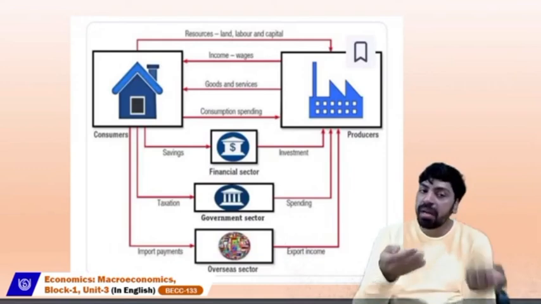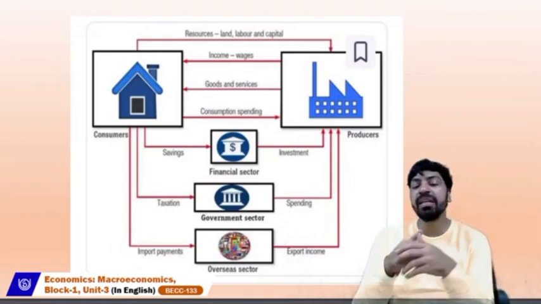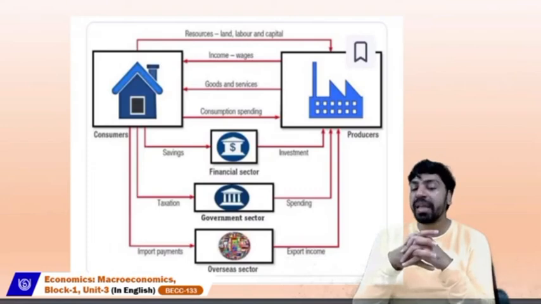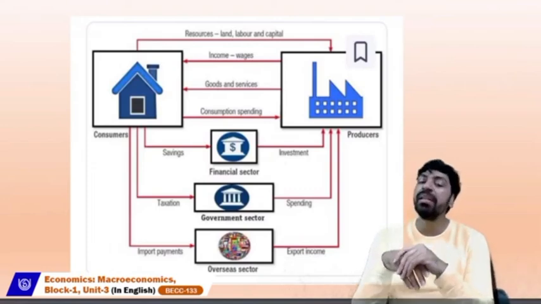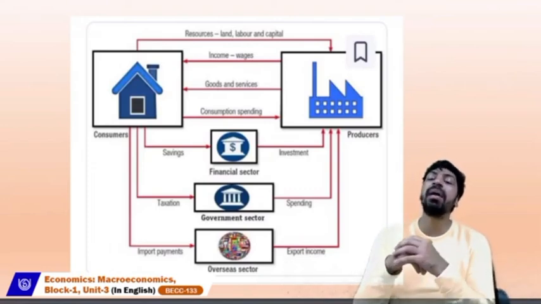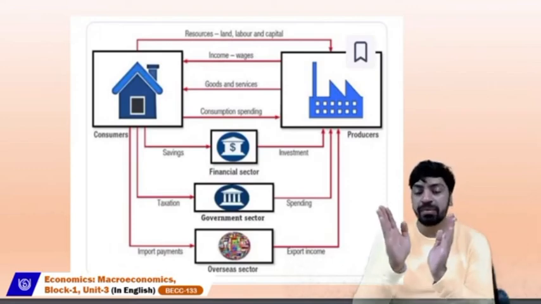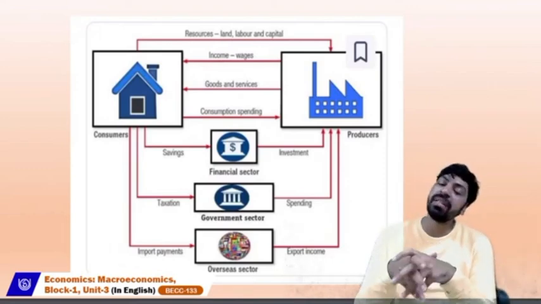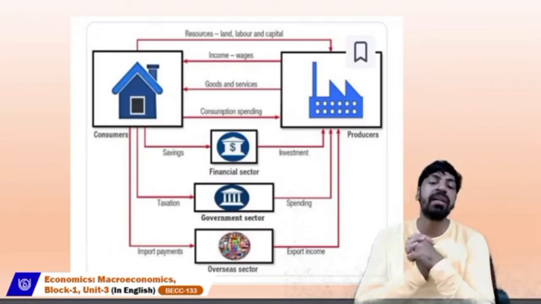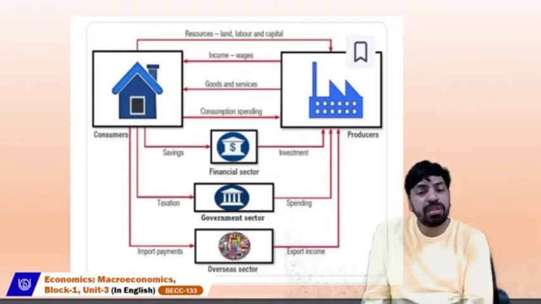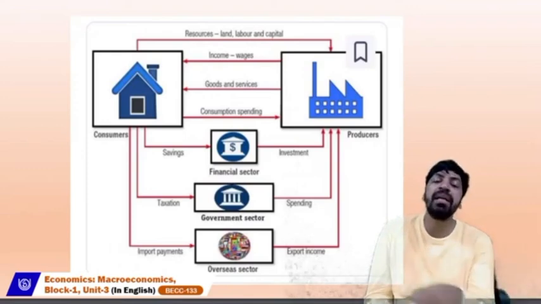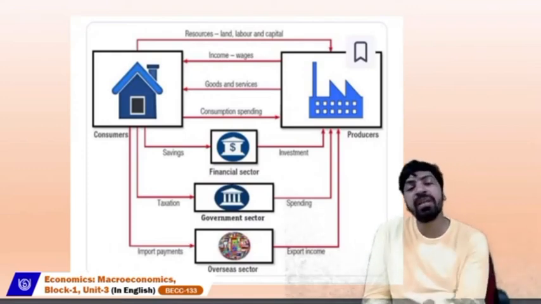If they demand such a product, the particular organization will coordinate with the overseas sector, and the overseas sector will supply or produce those goods for the organizations in exchange for income. That income is then used to supply goods in the domestic market, in another country or within the country.